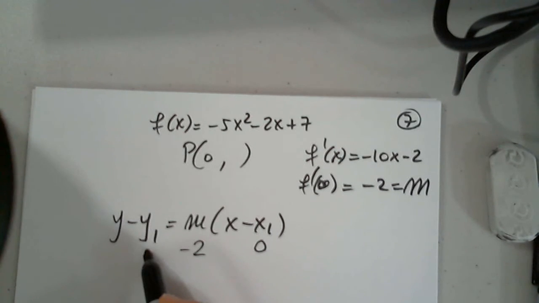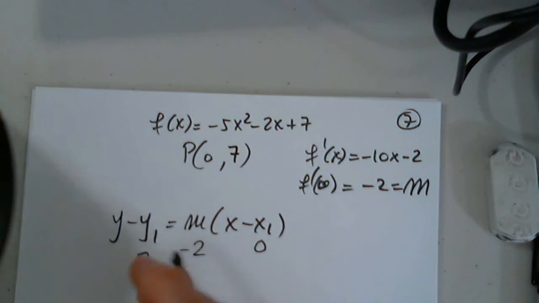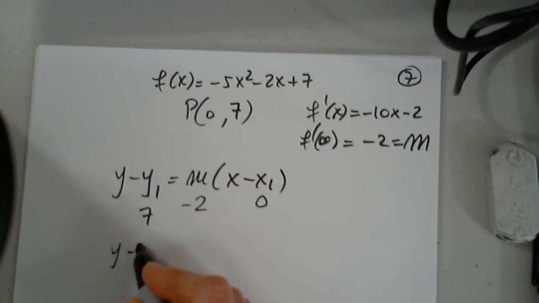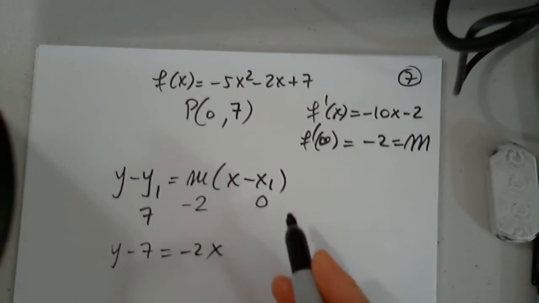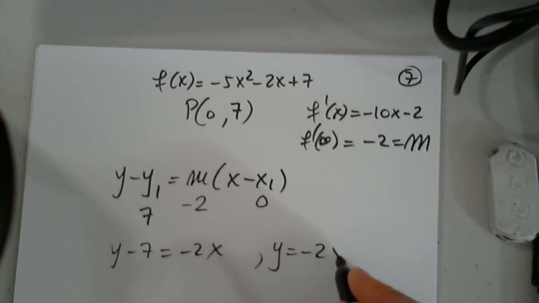Very good. What is this? When you plug in 0 into the original function. Very good. Excellent. So y minus 7 equals negative 2x, because that's 0, and I add 7. Great job.